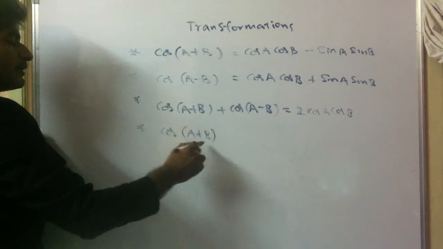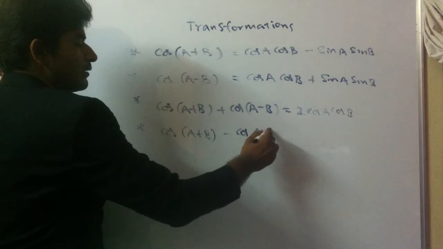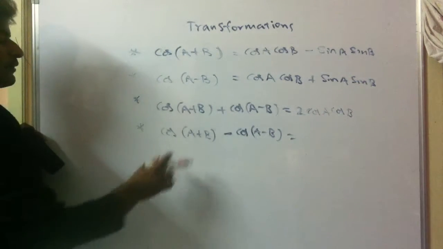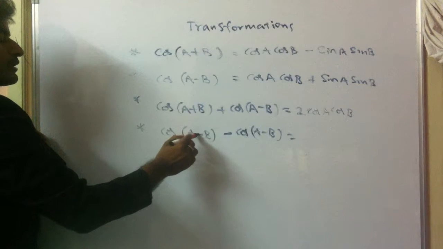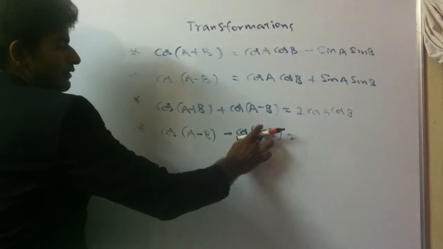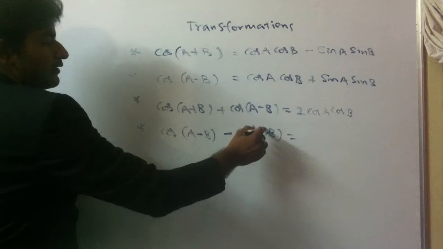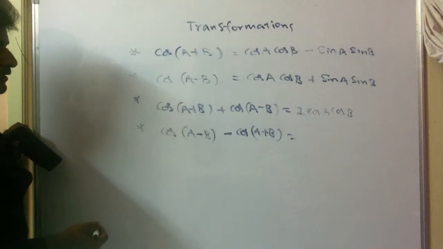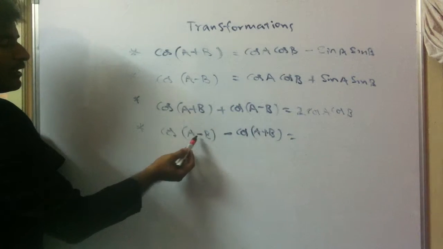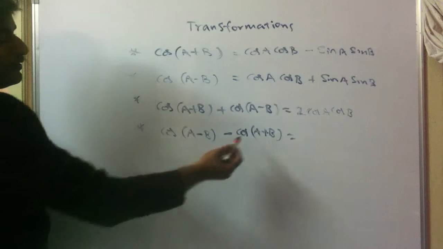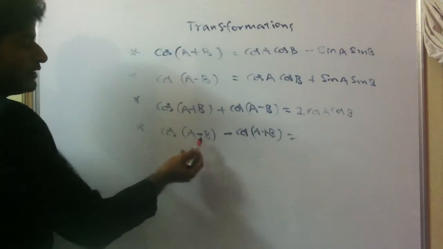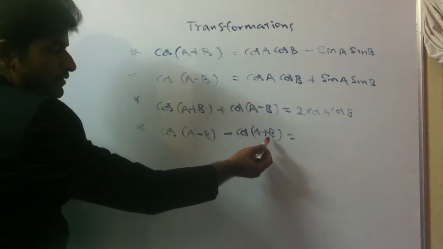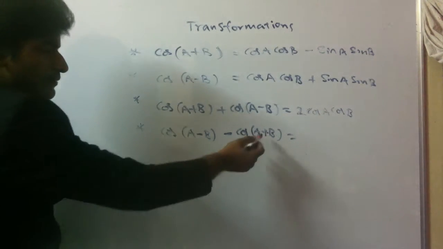What happens if we subtract? Cos of a plus b minus cos of a minus b equals. For subtraction you have to remember: the smallest angle first and the greatest angle thereafter. Out of a plus b and a minus b, which is the greatest angle? The answer is a plus b, since a plus b is more than a minus b.